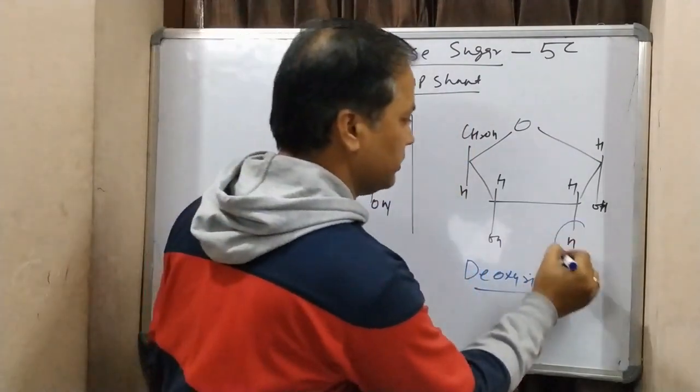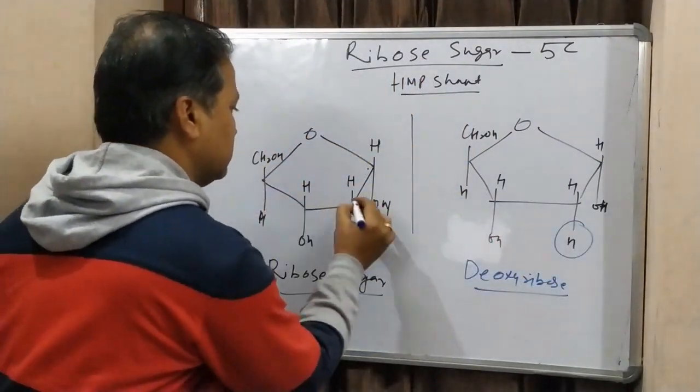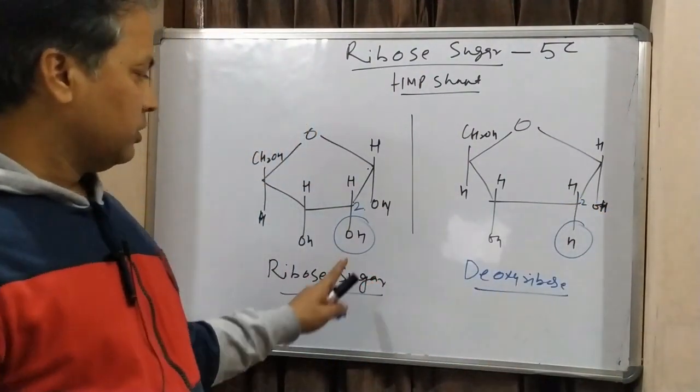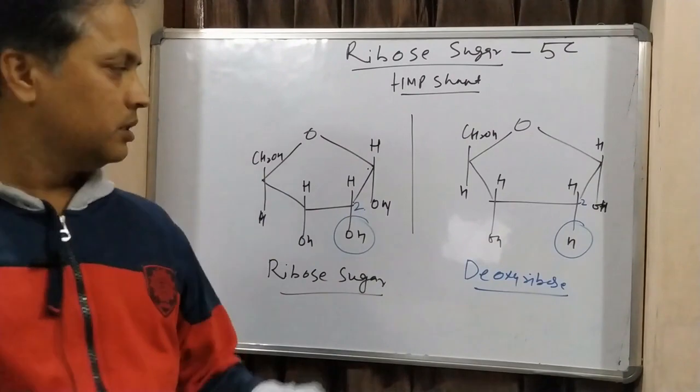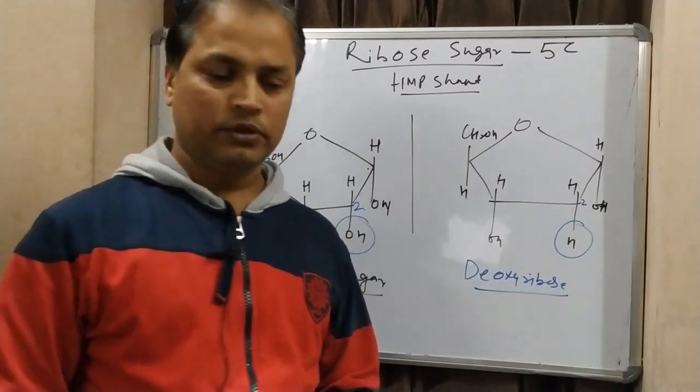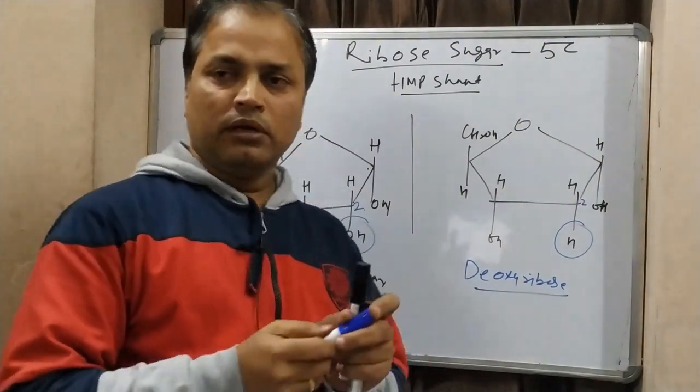The difference between this one and this one is at the second carbon. In ribose sugar we have OH at the second place. In deoxyribose we have H at the second place. So that is the difference.